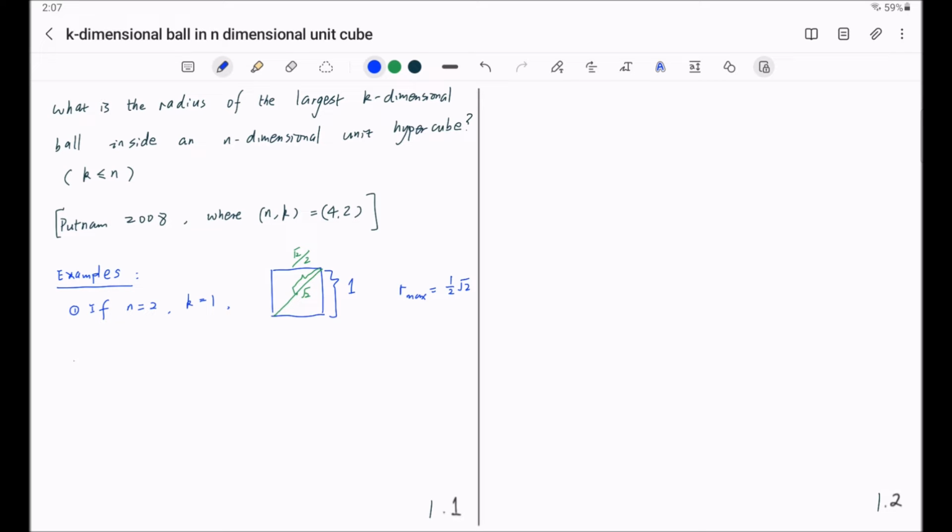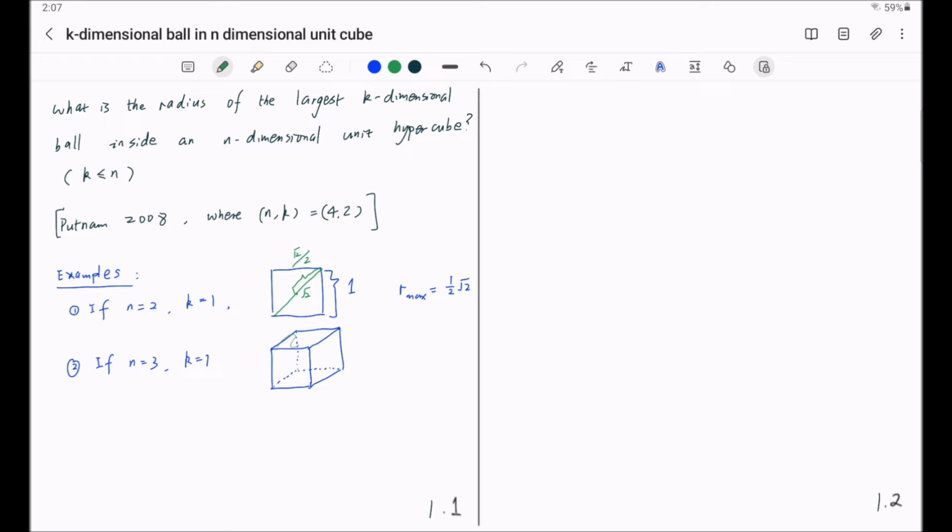Now what happens if n equals 3? If n equals 3, k equals 1, the situation becomes finding the largest line segment, because when k is equal to 1, a one-dimensional ball is just a one-dimensional line segment. What is the largest one-dimensional line segment that can be contained in this cube? What is the radius of it?